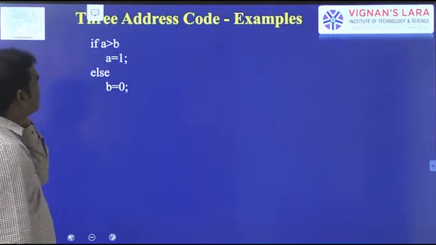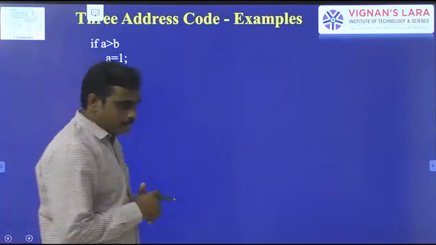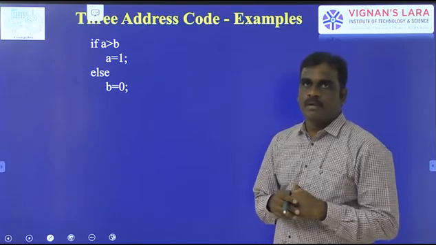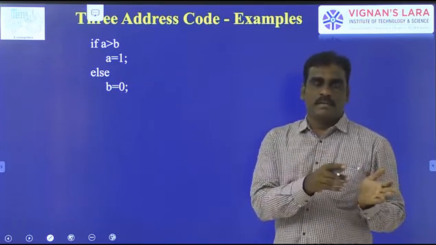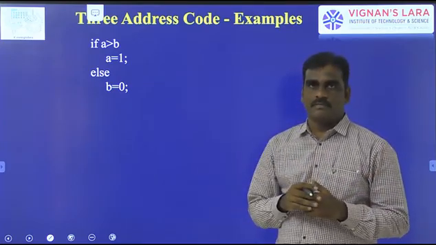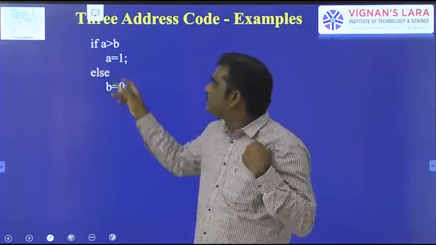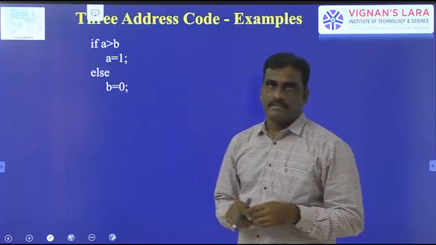And next one. So till now we have seen the arithmetic expression statements, how those arithmetic statements are converted into 3 underscore form. Now this example is an if-else statement.